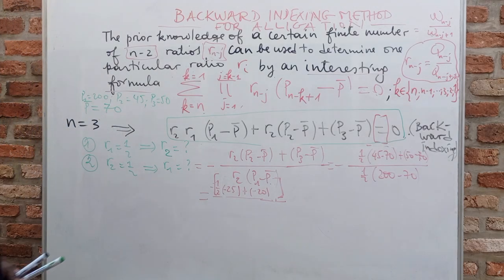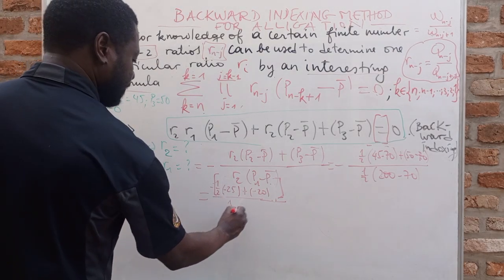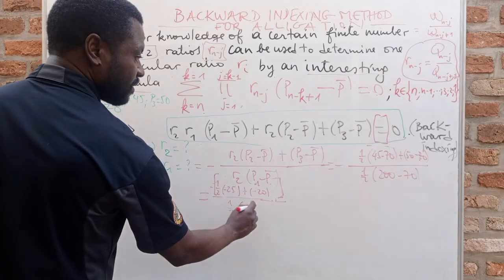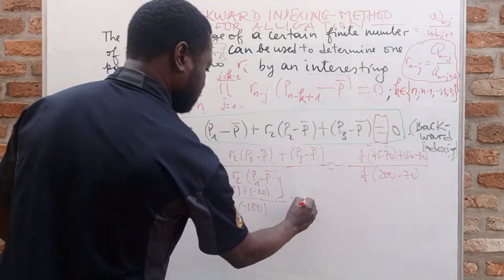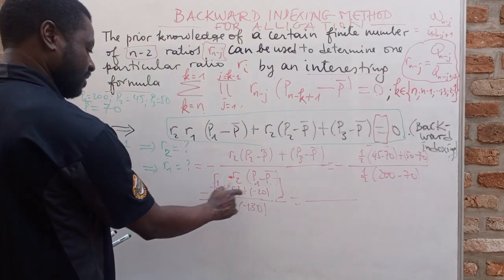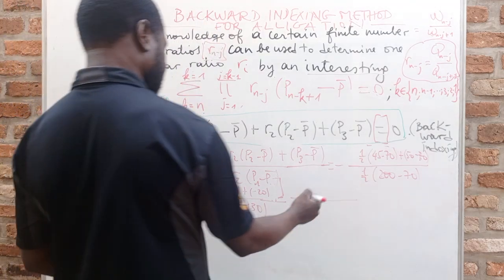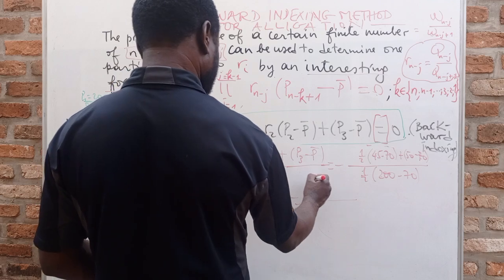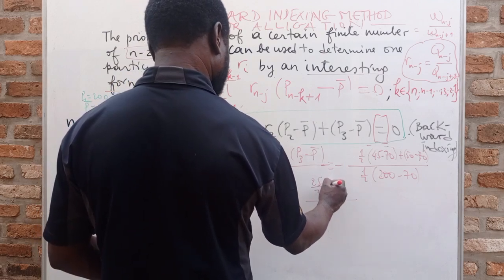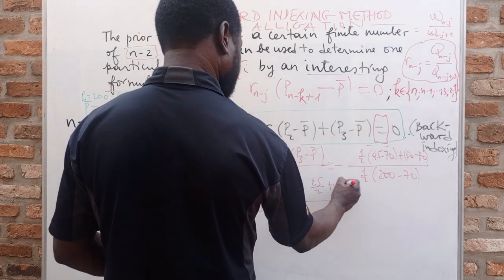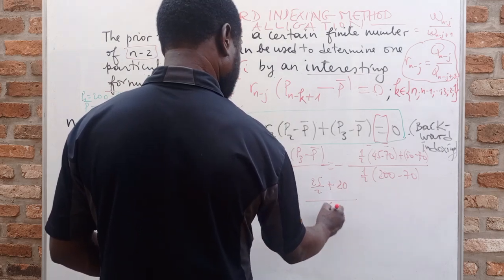Now I divide by half of 130. Negative acting on a negative becomes positive, so we have 25 over 2 plus 20 over 65.